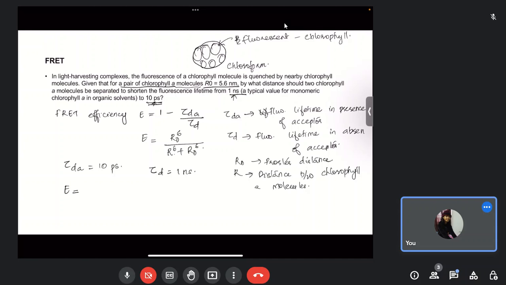So E, the FRET efficiency in that particular case, is equal to 1 minus tau DA, which is 10 picoseconds, divided by 1 nanosecond.